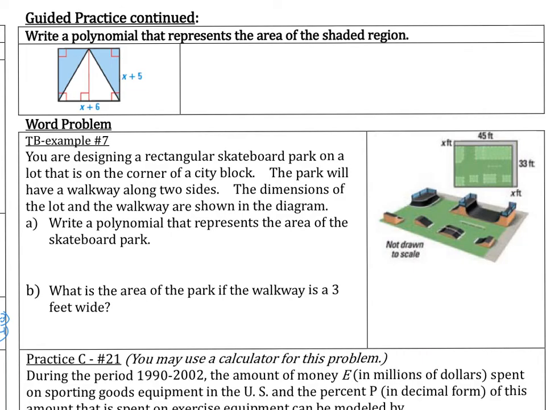Okay, now let's look at a geometry problem. Write a polynomial that represents the area of the shaded region. So first we need to write an expression that represents the entire area of the square. So x plus 6 times x plus 5.